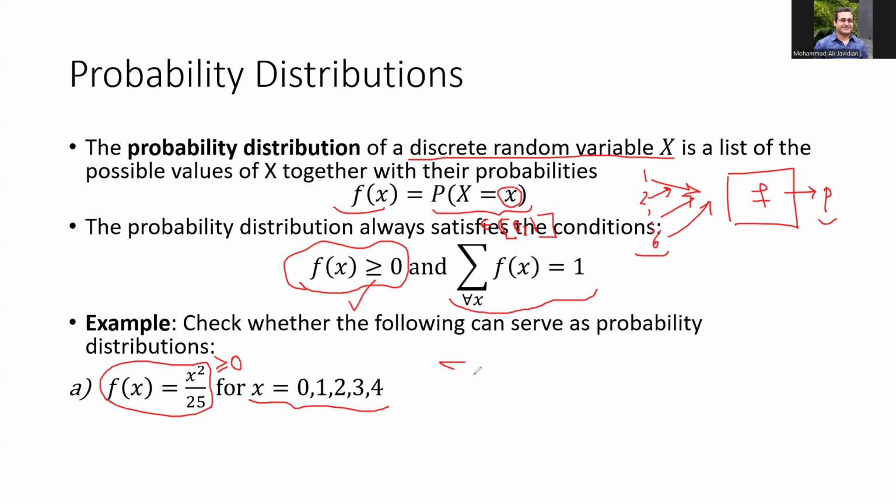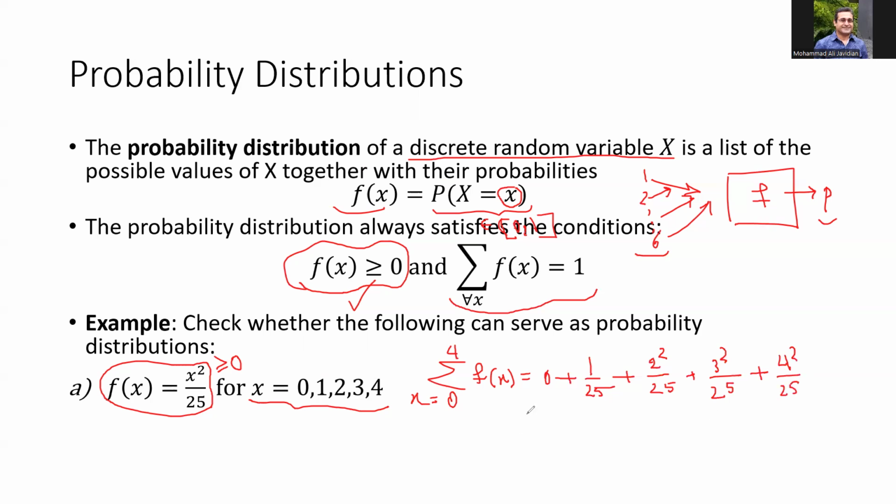What's the summation of f of x when x changes from 0 to 4? So that means 0 plus 1 squared divided by 25 plus 2 squared divided by 25 plus 3 squared divided by 25 plus 4 squared divided by 25.